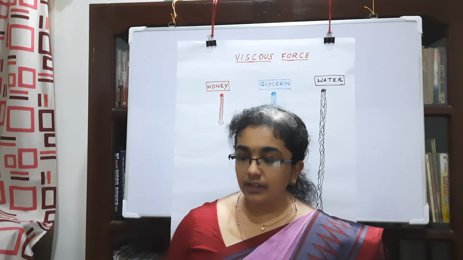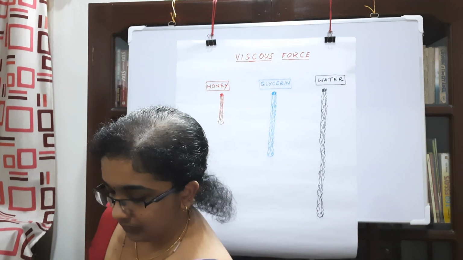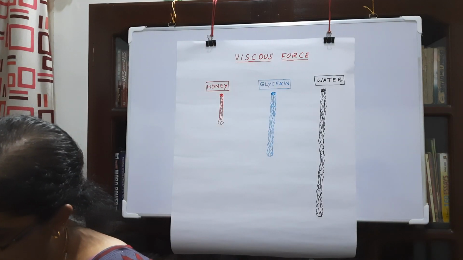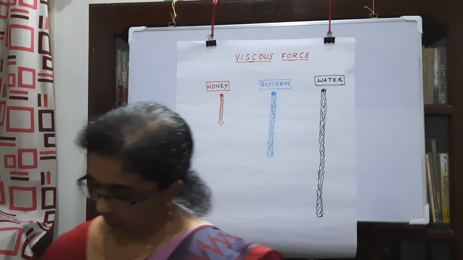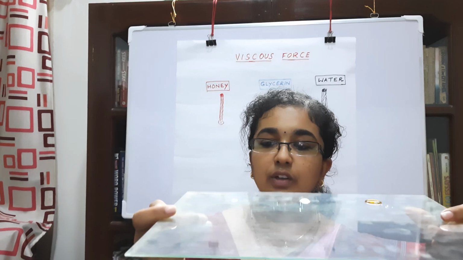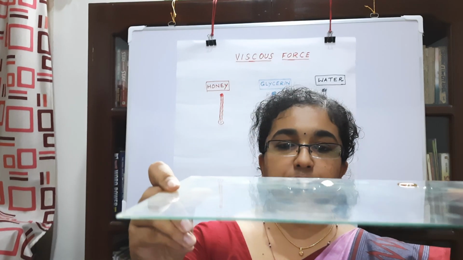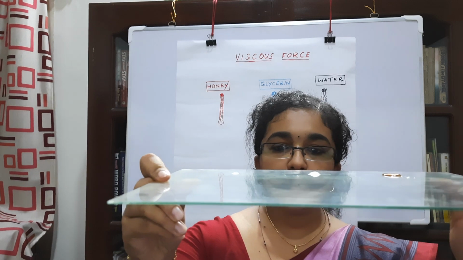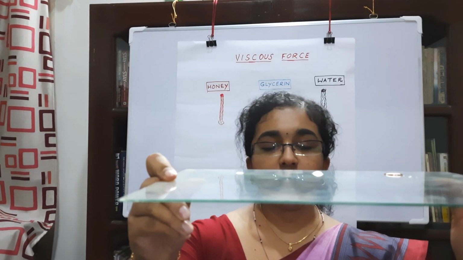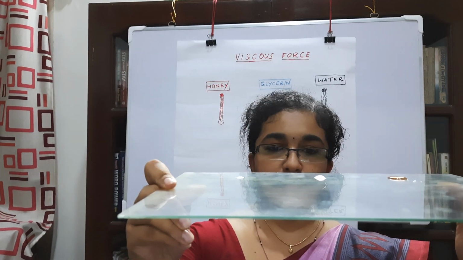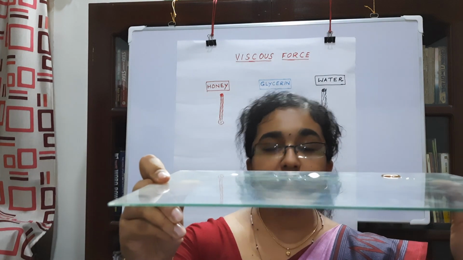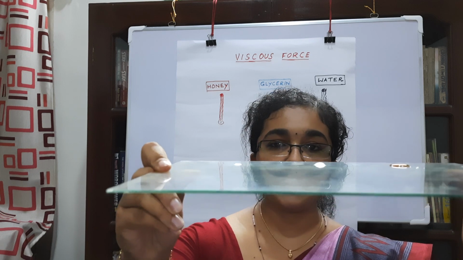So on a glass plate like this, you can place the drops. Now what you have to do is hold the glass plate slightly tilted. Observe it carefully and compare the speed of the flow of each liquid.